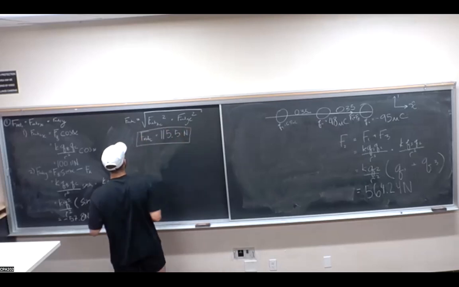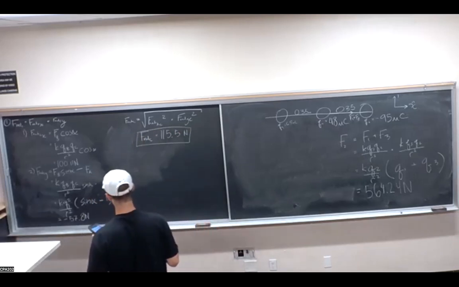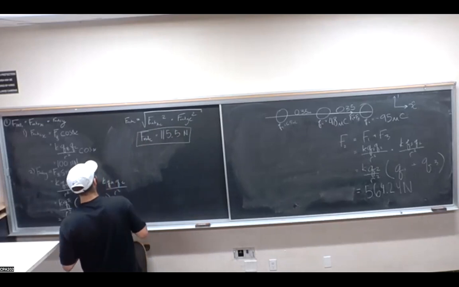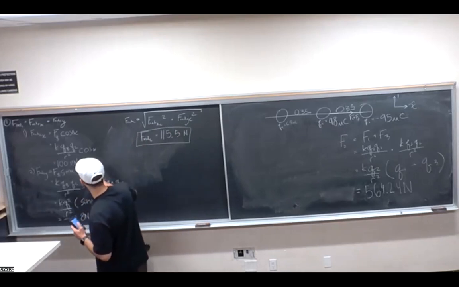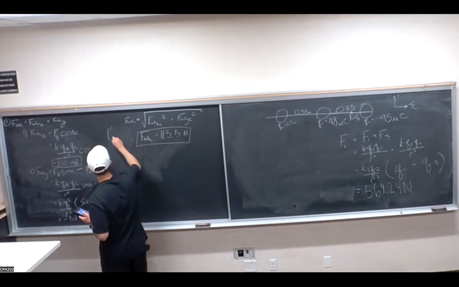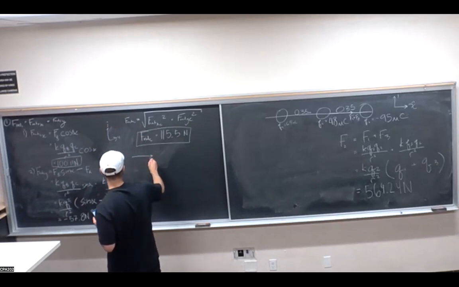All right, but we're not done yet because forces and fields have directions. And this is a force here. So we need to find the direction. So we know that F net X, that's this guy right here, is positive. Therefore, it agrees with our coordinate system, which just for reference was like this. So the vector F net C X is like this.